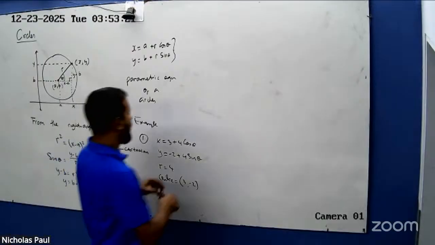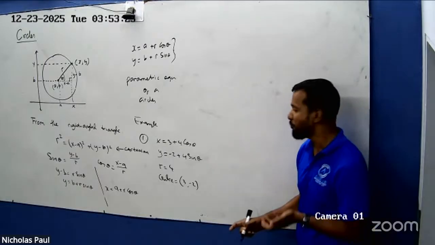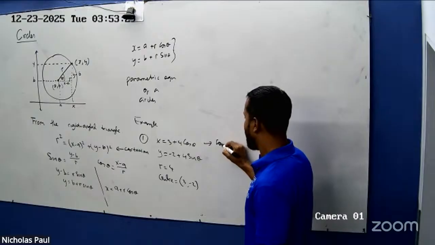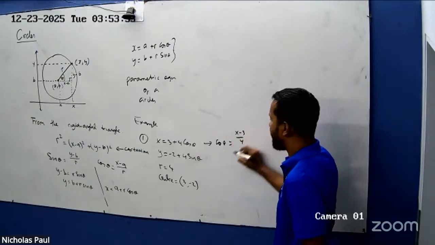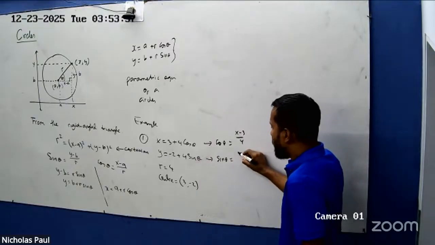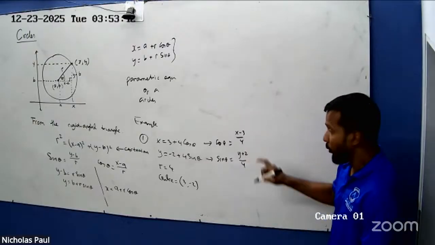So yes, we can read off center and radius, but if things go bad and you can't remember, here is what you do. We can get cos theta. Cos theta is x minus 3 over 4. And we can get sin theta, which is y plus 2 over 4.